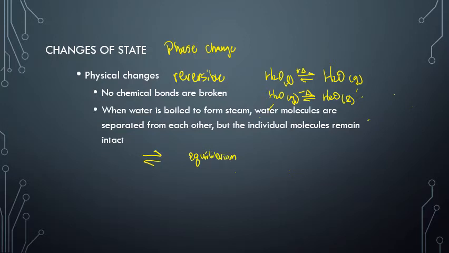When we talk about equilibrium, it just means that the rate of the forward and the rate of the reverse processes are the same. So the rate of the forward process equals the rate of the reverse. This is going to become a very important concept throughout this unit and into the next few units when we talk about different equilibrium systems.